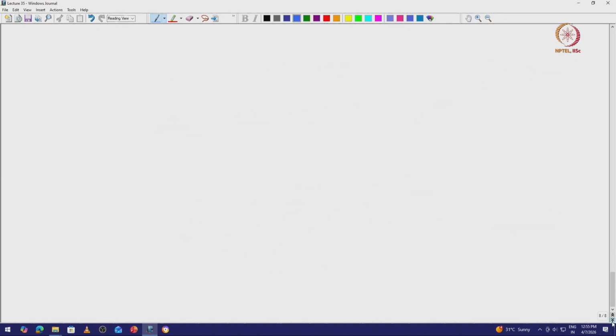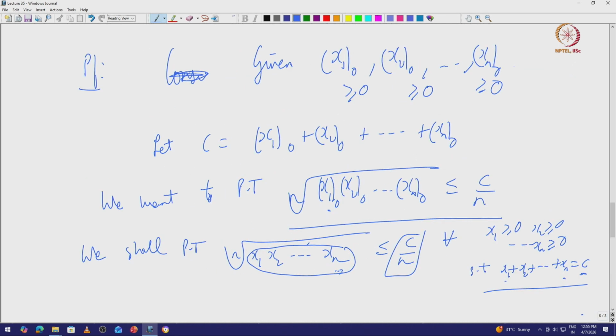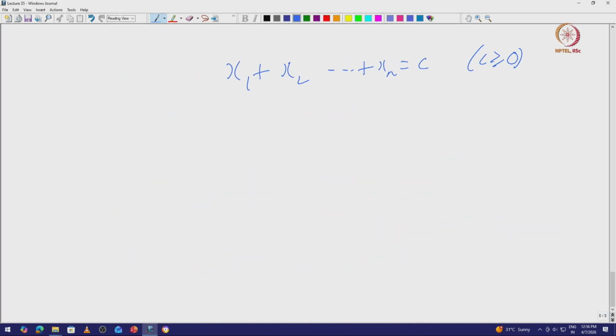So what is this set again? x1 plus x2 plus so on until xn equals C, where C is of course greater than or equal to 0. Why is C greater than or equal to 0? Because it's the sum of x1 naught so on until xn naught, and x1 is greater than 0, x2 is greater than 0, until xn is greater than 0.